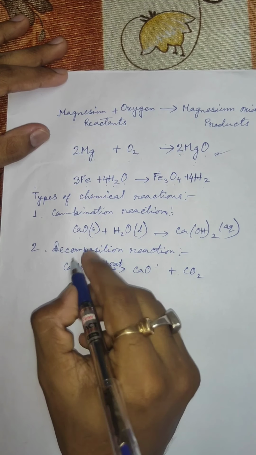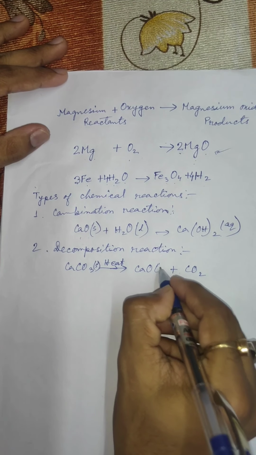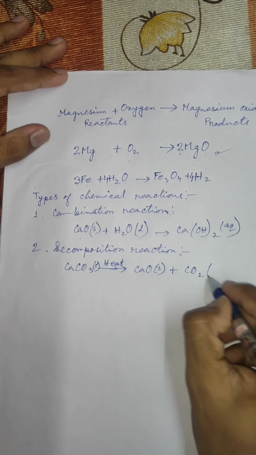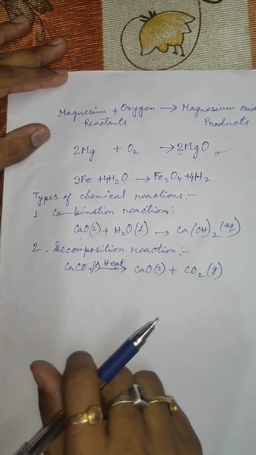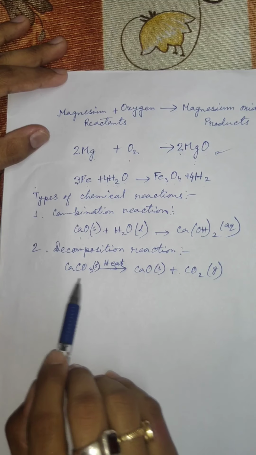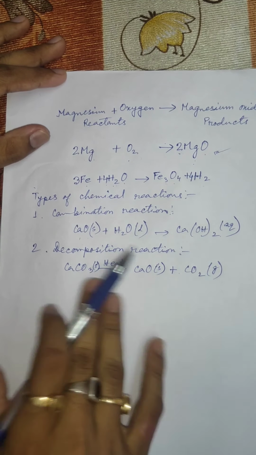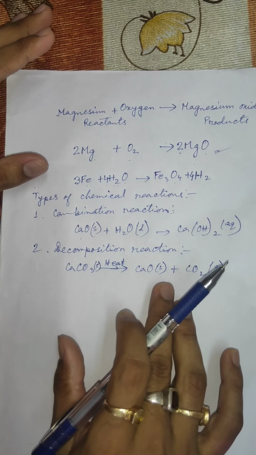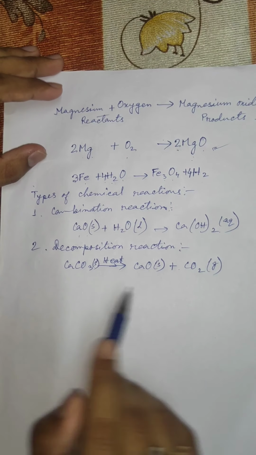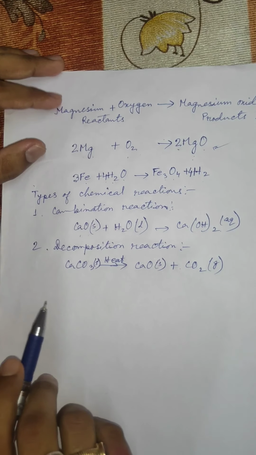If I mention the physical states, this is solid, and this is gaseous. G means gaseous. So this is calcium carbonate or limestone. When limestone is heated, it is broken into two products. Calcium oxide is quicklime, and carbon dioxide. I have mentioned the physical states also.